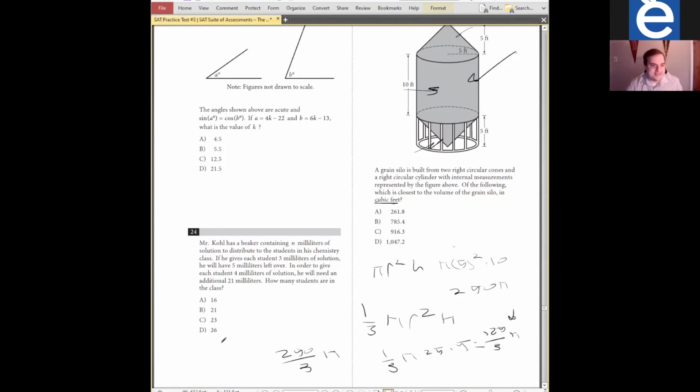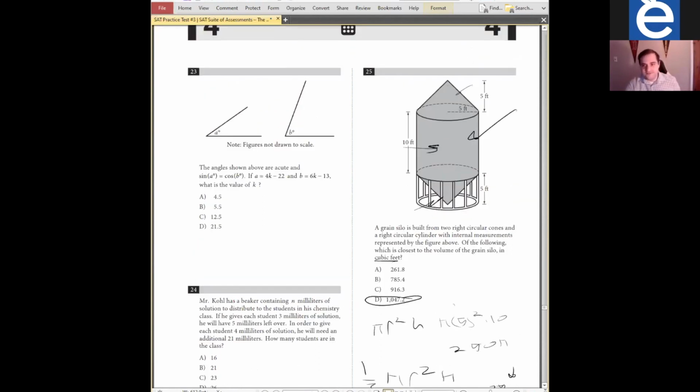Now we just add that to 250 pi. When you add those together, you get approximately this, which conveniently is our answer.